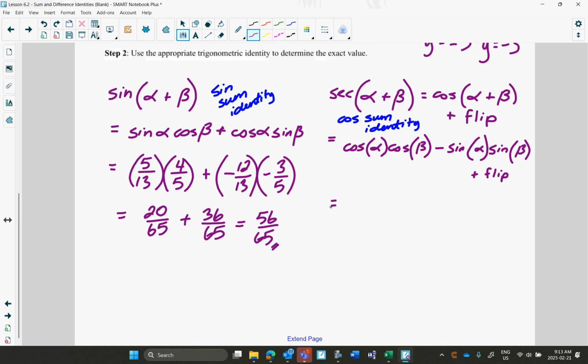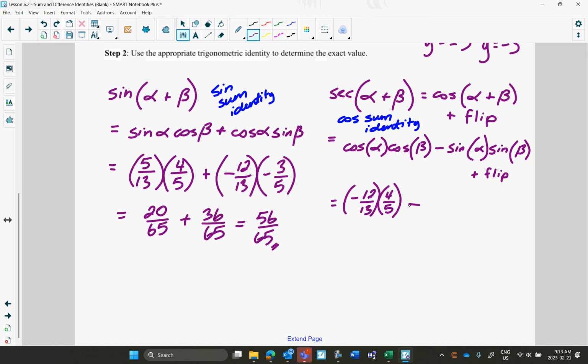Well, we can actually use this stuff because we already figured them all out. Cosine alpha, we figured out over here. It was negative 12 over 13. Cosine beta, we figured out over here, and you were given it in the question, or you can figure it out from the triangle, 4 over 5.